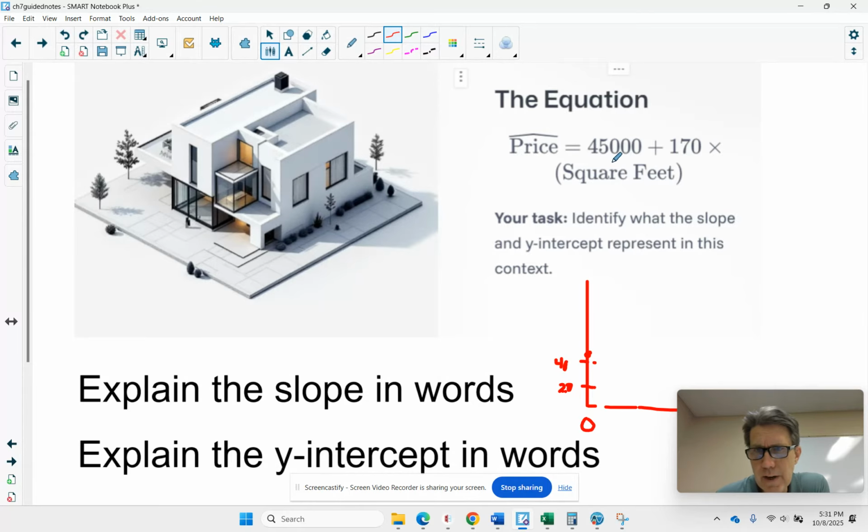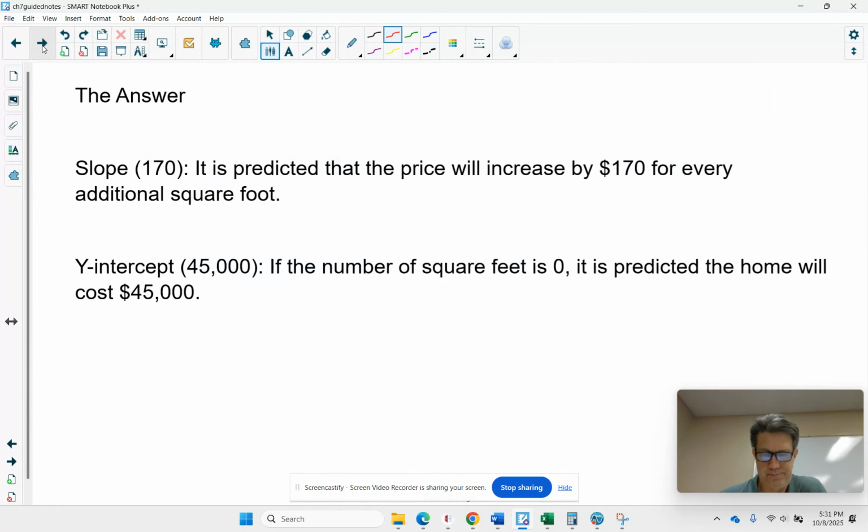If the square feet of the home is 0, we'd put a 0 in there, that would cross this off, and we would expect the price of the home to be $45,000. So in words, the y-intercept, which is 45,000: if I put in a 0, that's what the y-intercept always is.